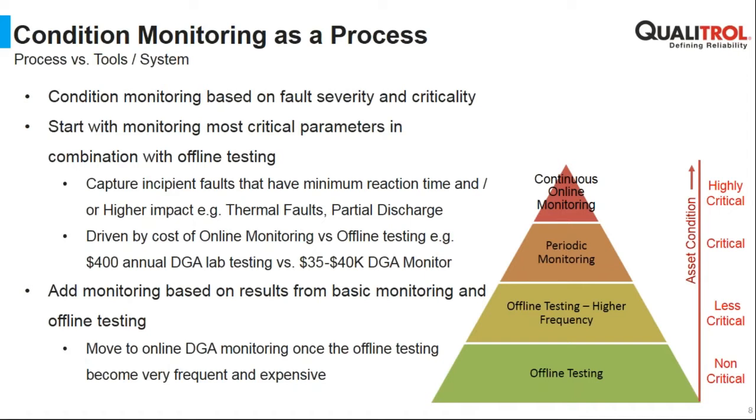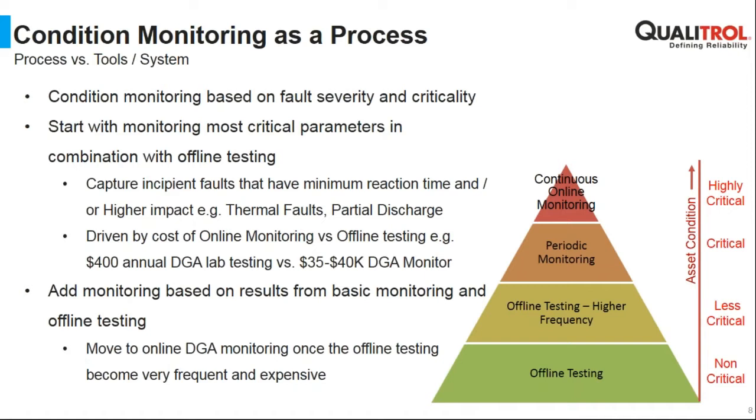Coming back to the severity of the transformer condition, I'm taking this example from some of our key customers, where they add condition monitoring based on the severity of the transformer condition. They start with offline testing, followed by offline testing with basic online monitoring, and this offline testing is done on a periodic basis.